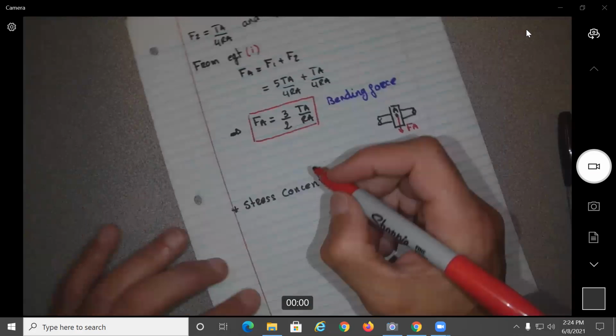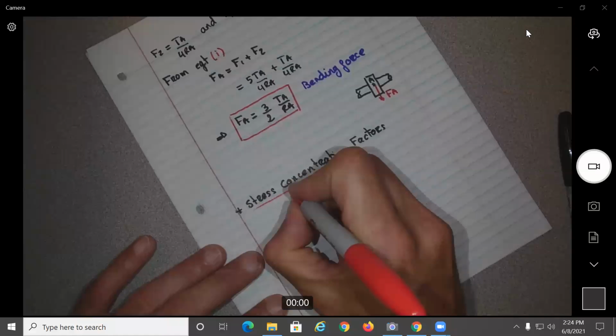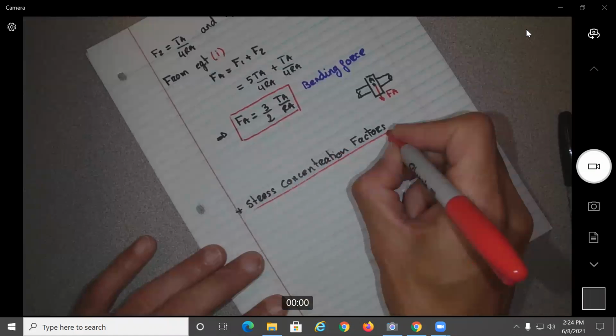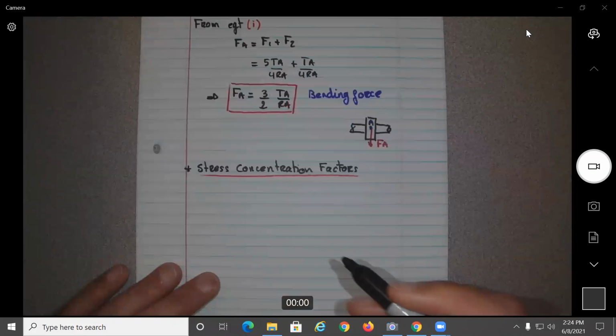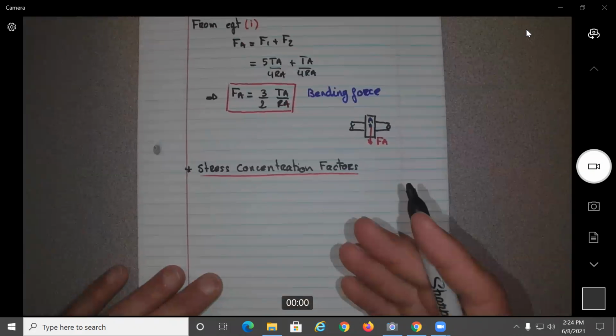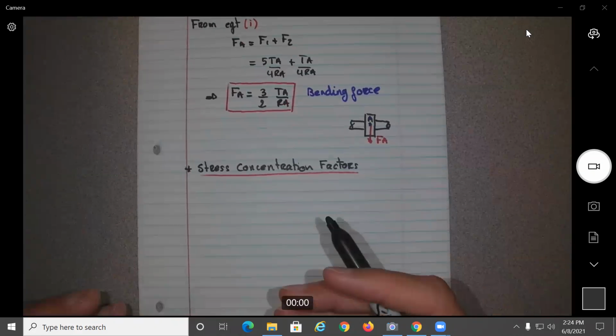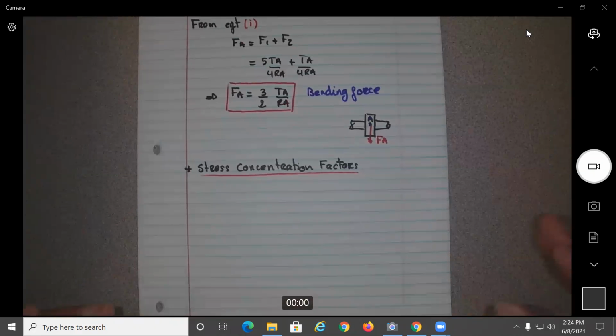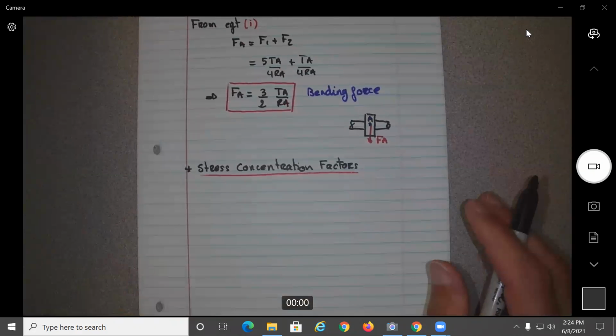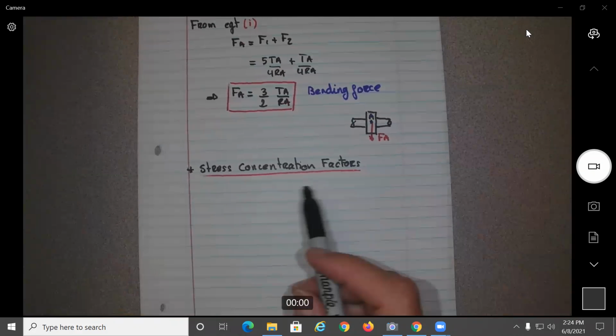Basically, if you do a good finite element of this, you don't need it. But if you do a design without doing any finite element, the way to account for this effect is by using concentration factors.